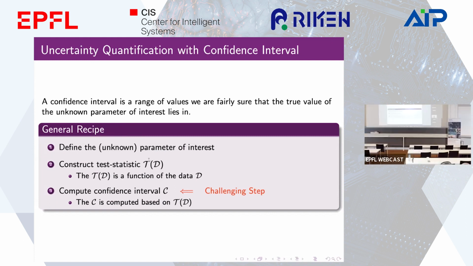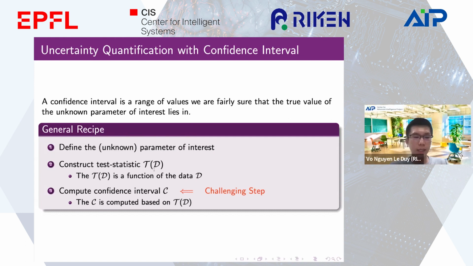Then, at the second step, we need to construct a test statistic, which is a function of the data. The test statistic here can be seen as the observation of the unknown parameter. Finally, the confidence interval of the unknown parameter is computed based on the test statistic that we identified at the second step. Here, the main challenge is how to compute a valid confidence interval for the data-driven machine learning result.